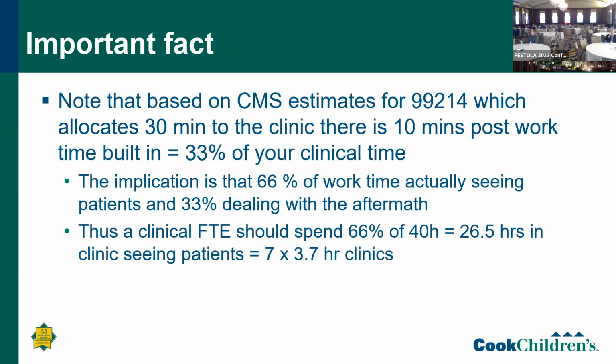So this concept that an FTE is doing 2 clinics twice a day to give you 42 clinics a month is incorrect, because an FTE, if they're seeing patients and dealing with all the aftermath and doing nothing else, is actually 7 half-day clinics of 3.5-hour clinics.